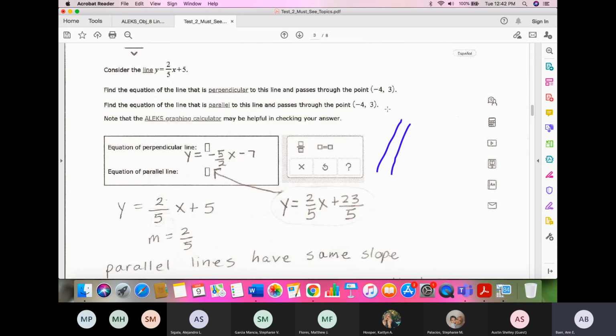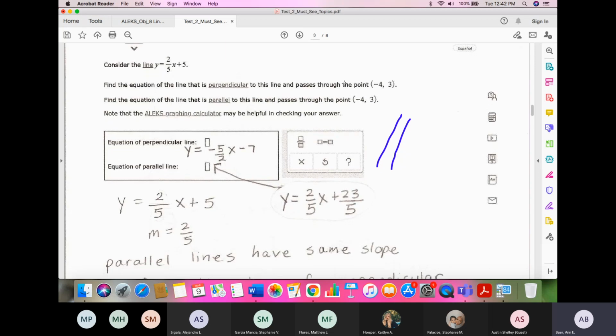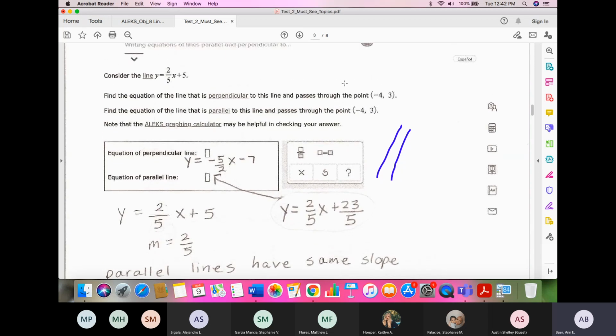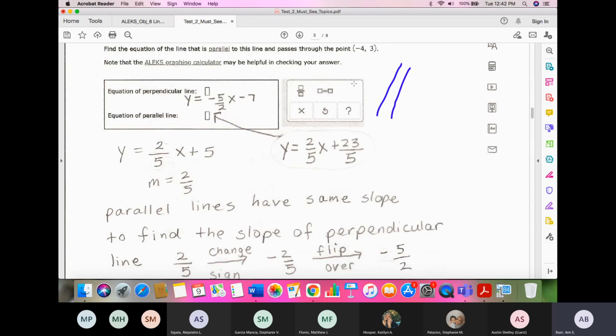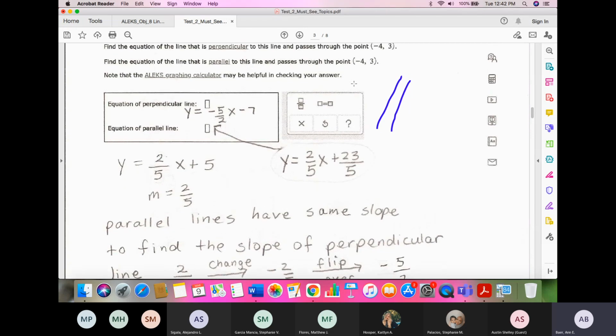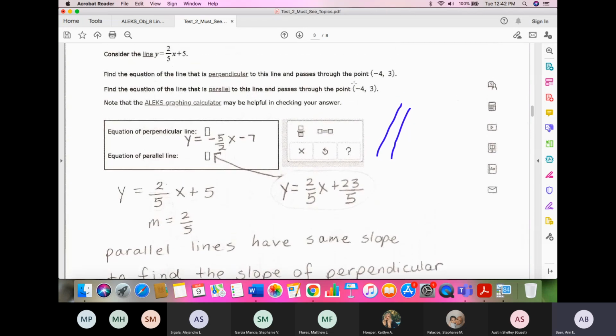So let's do the equation of the perpendicular line first. Finding the slope of a perpendicular line is more difficult than finding the slope of a parallel line.